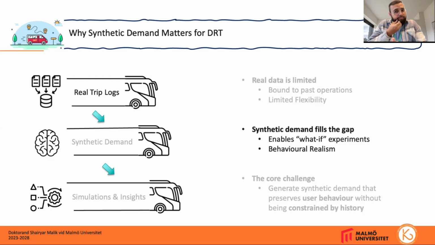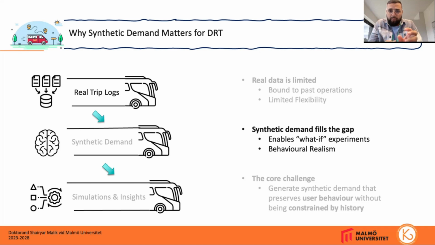Synthetic demand fills this gap by letting us experiment with what-if conditions. For example, what happens if we double the demand? Or what happens if we shift the operating time of the service? Maybe the kind of vehicles, the size of the fleet, or the type of fleet.